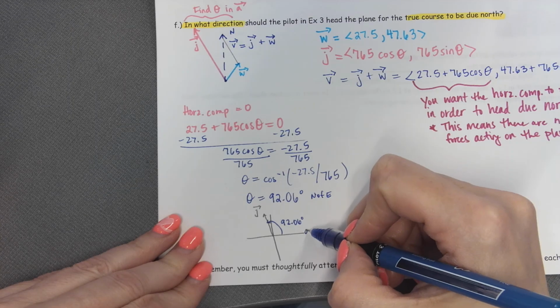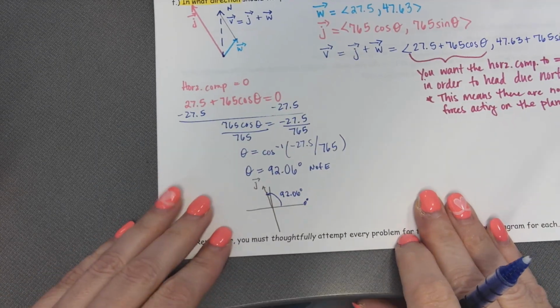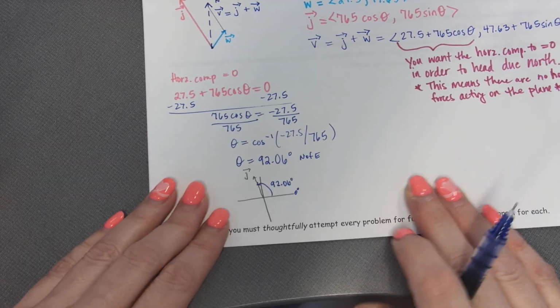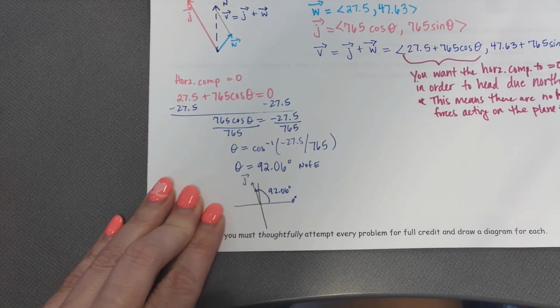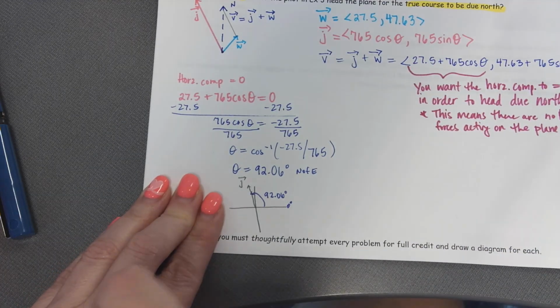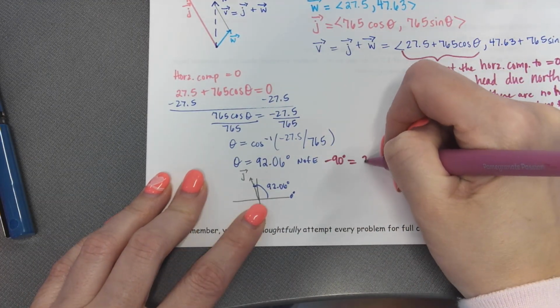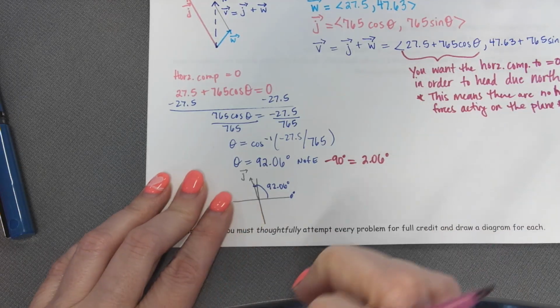Is what it finds. You start at 0, you go to the 92.06. But if it's greater than 90, you have to subtract 90 because you are crossing over into another quadrant. So if you subtract 90, you'll get 2.06 degrees.